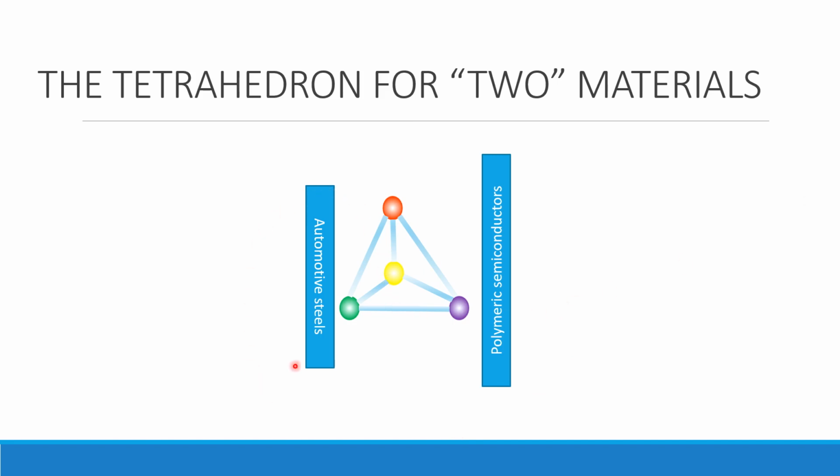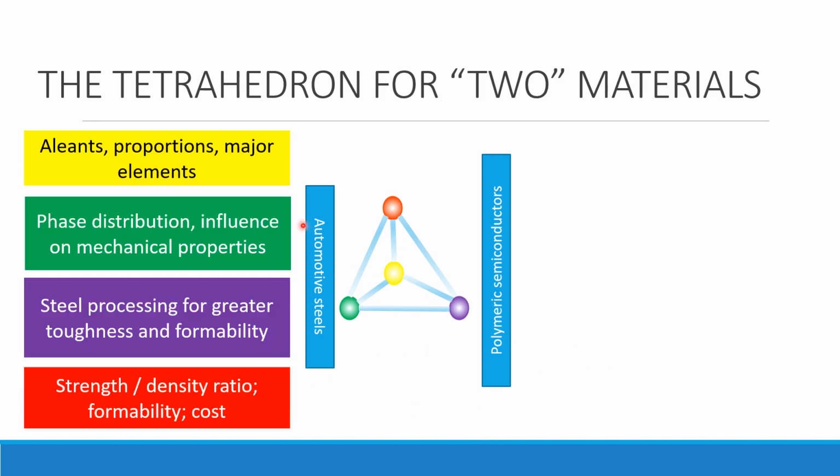In the case of structural materials, I have selected automotive steels, and for functional materials, polymeric semiconductors. In the case of the automotive steels, if we look for properties, composition, or microstructure, that's the more scientific part. Then we have alloys, proportions, major elements.